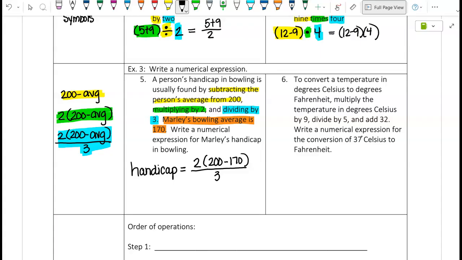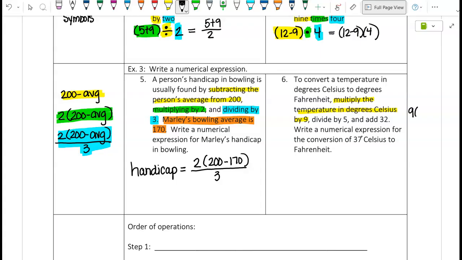All right, the next one. To convert a temperature in degrees Celsius to degrees Fahrenheit, multiply the temperature in degrees Celsius by 9, divide by 5, and add 32. So again, if we break this down to the parts, multiply the temperature in degrees Celsius by 9. So again, I'm going to start this off to the side.